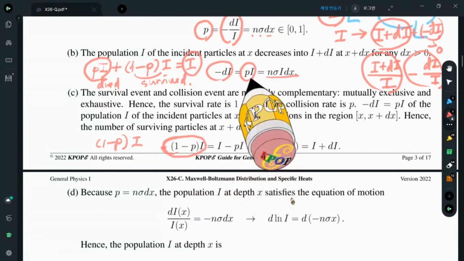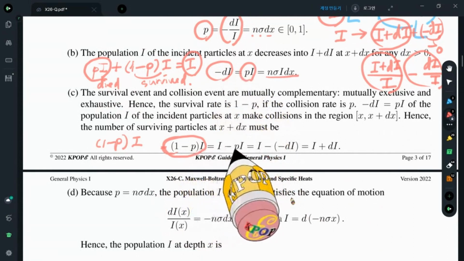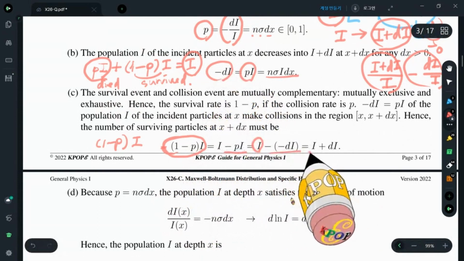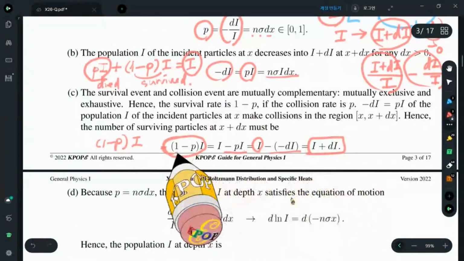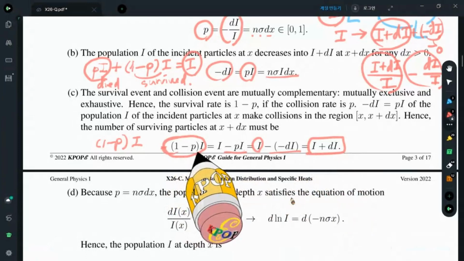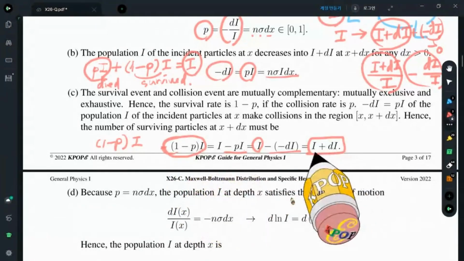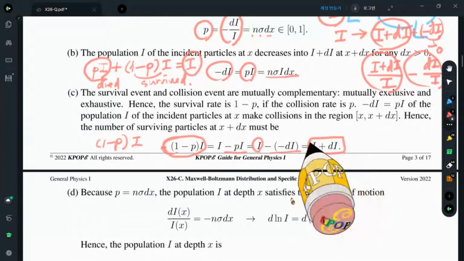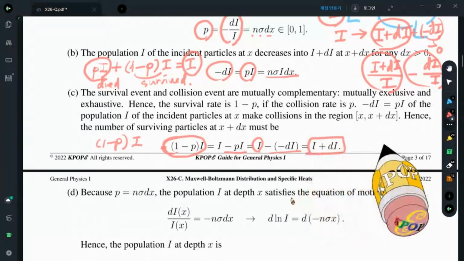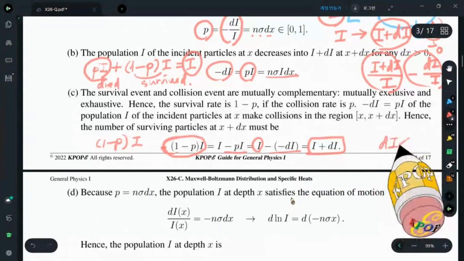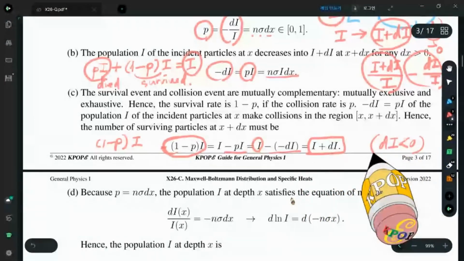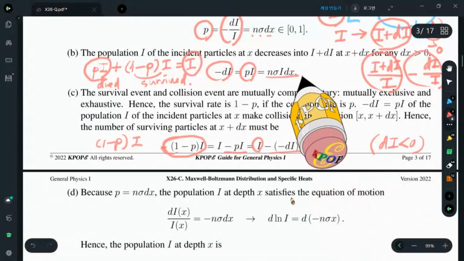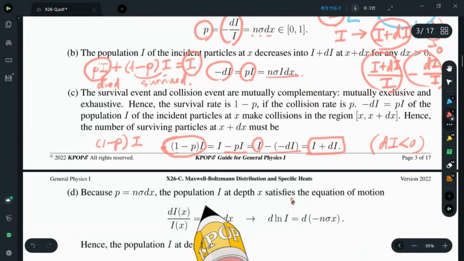That means if we expand this and replace this one with this, the population of not making a collision is just a change in population. And we know the change in population is decaying, so dI is negative. As a result, we can express this in this form.